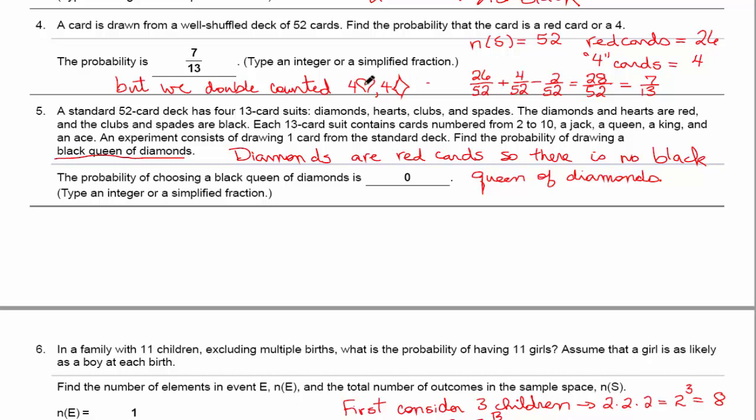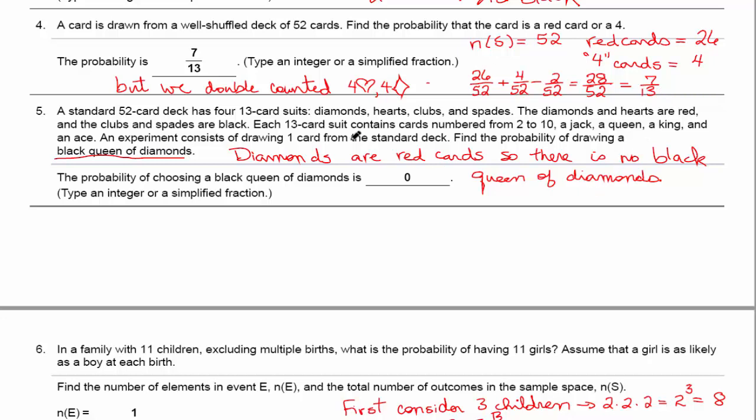I counted them in the red category, and I also counted them in the 4 category. So since 2 cards were double counted, I have to subtract that off, and so I get 28 out of 52, which reduces to 7 over 13.